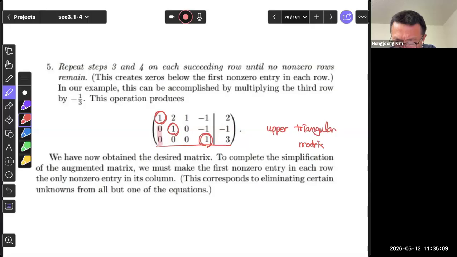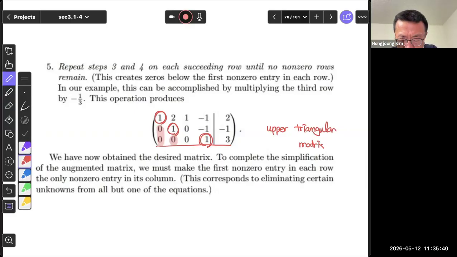I don't care about the entries in the third column, but I just consider the ones within the circles. That's how I created them in these steps. And below those ones, I have only zeros, and I don't have any further row, so I need to stop there. This matrix is called an upper triangular matrix.